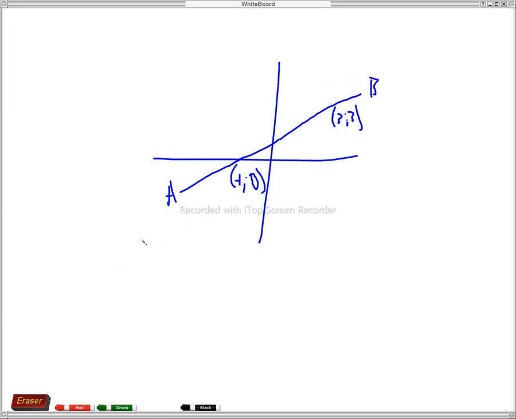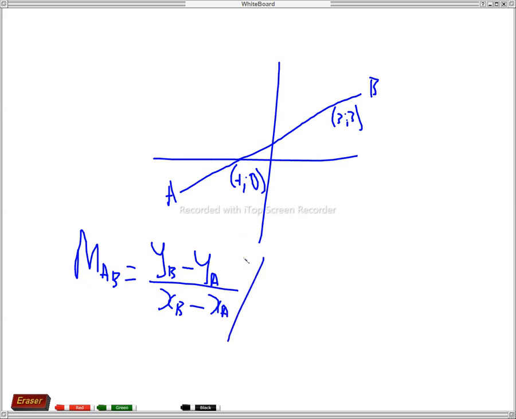What you're going to do is just calculate the gradient. So the gradient of AB is going to be y of B minus y of A over x of B minus x of A. Because sometimes it might be confusing, and I've seen learners struggling with gradient, you can say yA minus yB, and if you started with A here, you're just going to say xA minus xB.